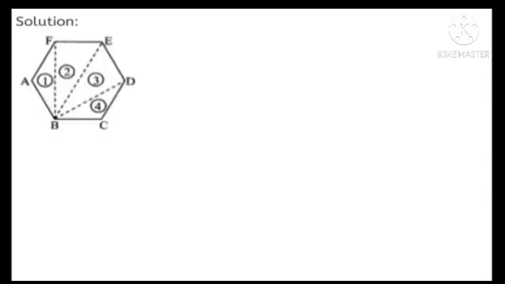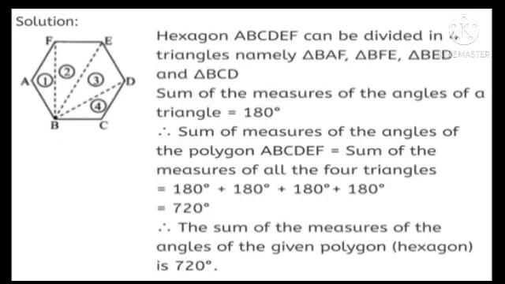Let's name each triangle as 1, 2, 3 and 4 separately and give the vertices alphabets A, B, C, D, E, F. Hexagon ABCDEF, we can see it's a hexagon, can be divided into 4 triangles, namely triangle BAF, triangle BFE, triangle BED, triangle BCD. The sum of the measures of the angles of a triangle is equal to 180 degrees.